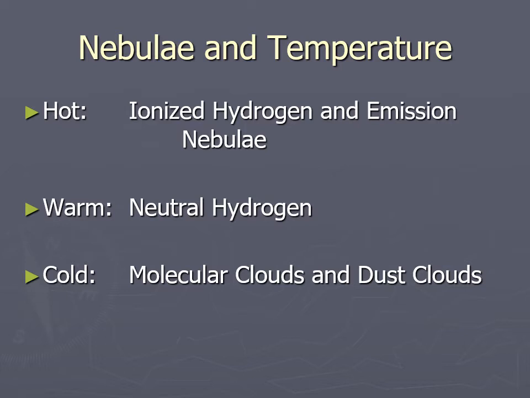Okay, so the ionized gas tends to be very, very hot, because you're ripping electrons loose from the atoms, and that takes energy to do. Neutral gas we call warm for astronomy, and it's warm because the molecules still have enough energy so that when they start coming together, they'll bounce off of each other rather than coming together.